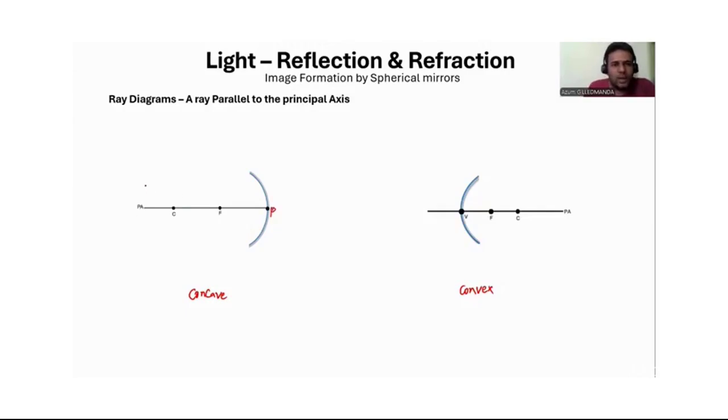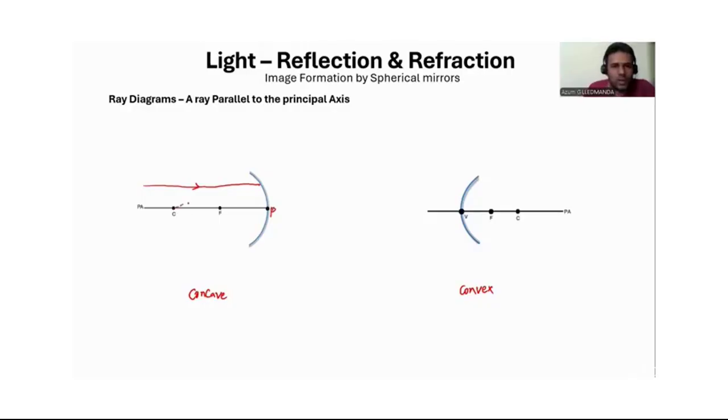Now, if a ray parallel to the principal axis falls onto the concave mirror, we know the angle of incidence is equal to the angle of reflection.